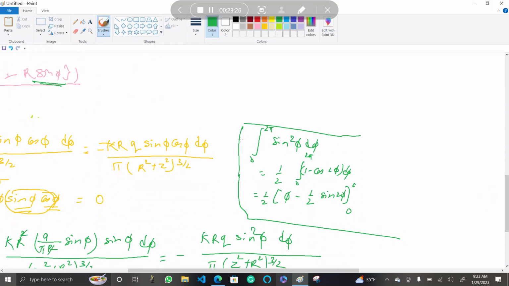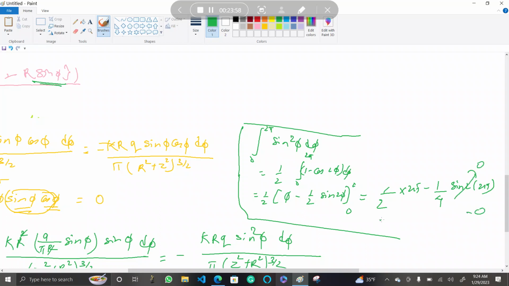Since sin 2 pi is 0, in total this becomes 1 by 2 into 2 pi minus 1 by 4 into sin of 2 into 2 pi, minus 0.